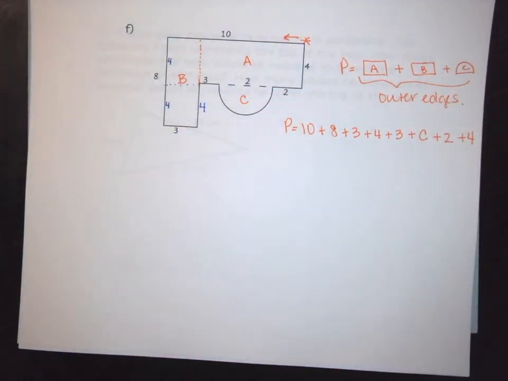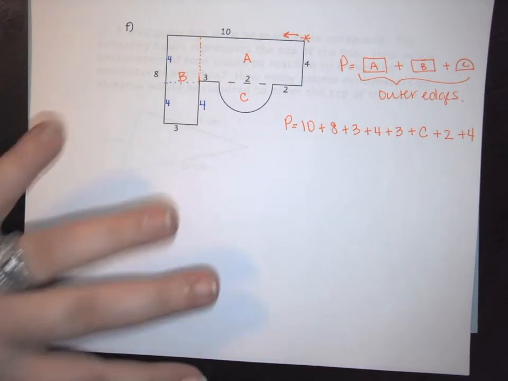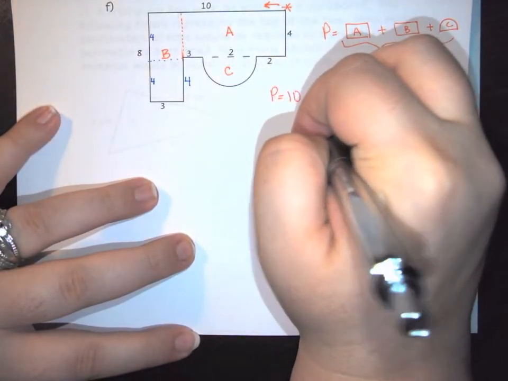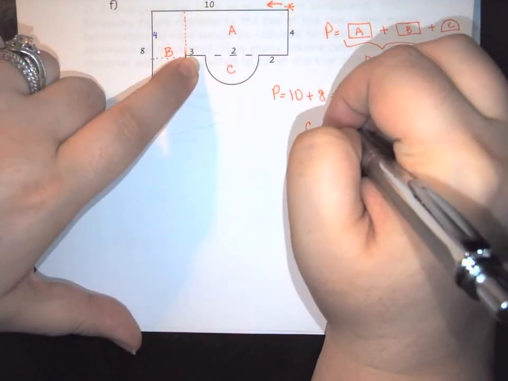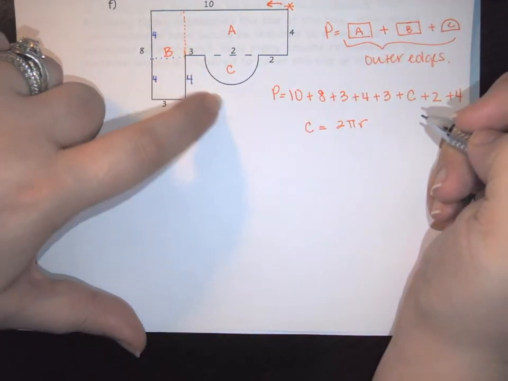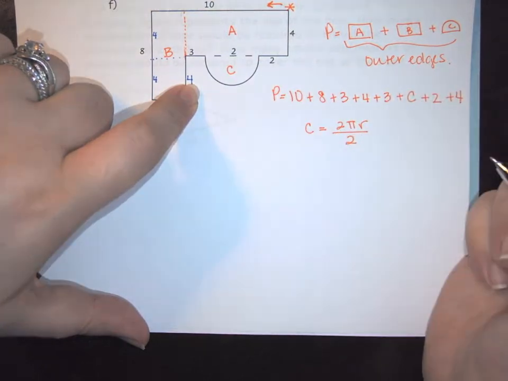Okay. So the piece that's missing is our circumference. So if we look for C, we know the circumference of a circle is going to be 2 pi r. We also know that I only have half of that, so I have to divide the whole thing by 2.